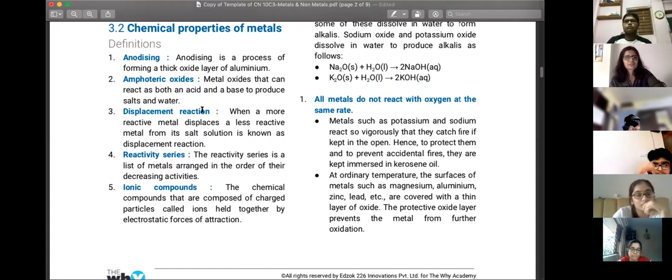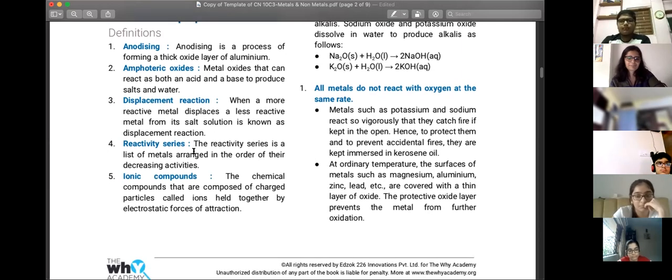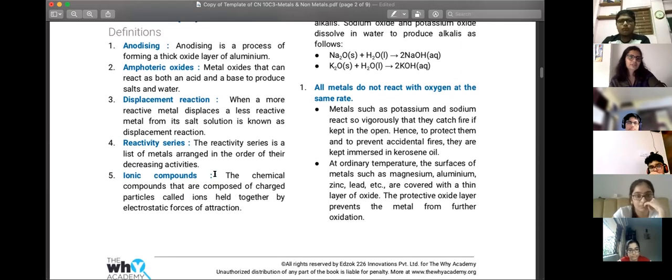Displacement reaction, you already know about. We discussed it in the first chapter. Reactivity series, the order of reactivity, you have also come across. Ionic compounds: what do you mean by ionic compounds?